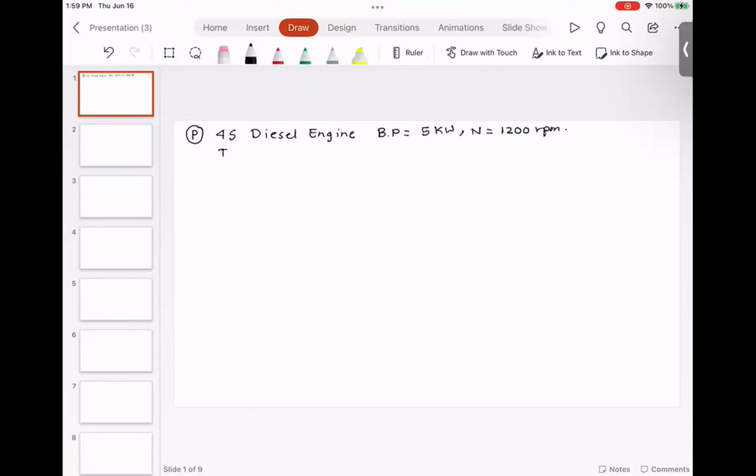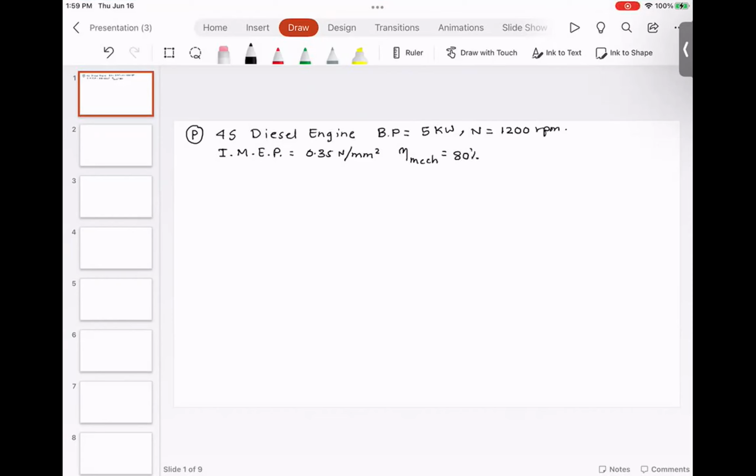The indicated mean effective pressure is 0.35 Newton per millimeter square. Mechanical efficiency is 80%.